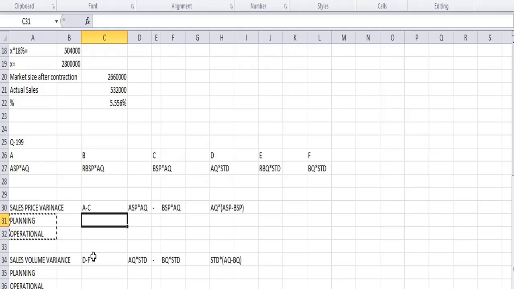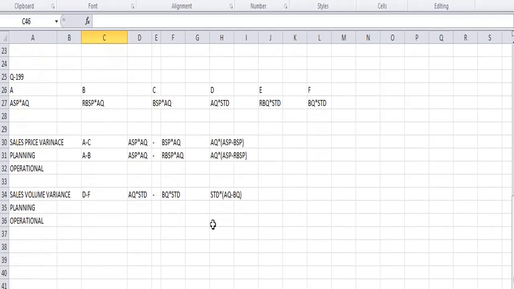So difference of first A minus B. A minus B means ASP into AQ minus B. B is RSP into AQ, and you can just take out the common. What is common between the two? AQ, ASP minus RBSP. So this will be our planning variance.